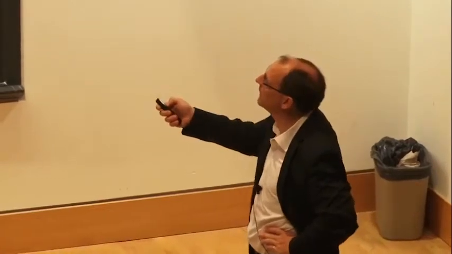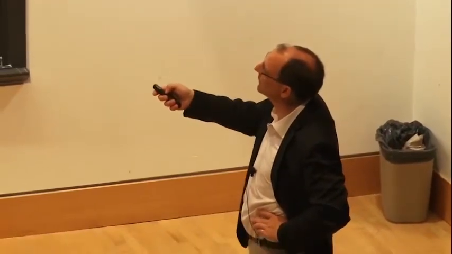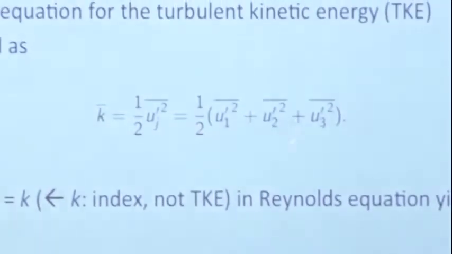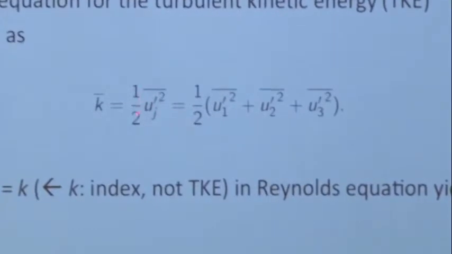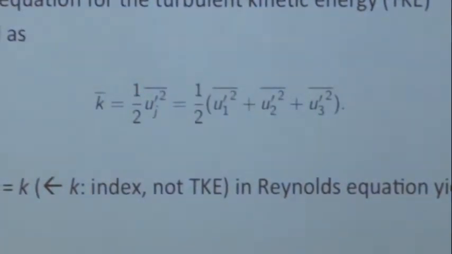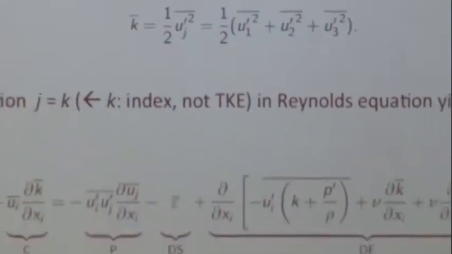And we can easily now, from the Reynolds stress equation, derive an equation for this turbulent kinetic energy. This is the definition here. Because we have an equation for UI, UJ, we can just contract this tensor, set I equal to J in the equation I just showed you, and then you get this equation for the kinetic energy.